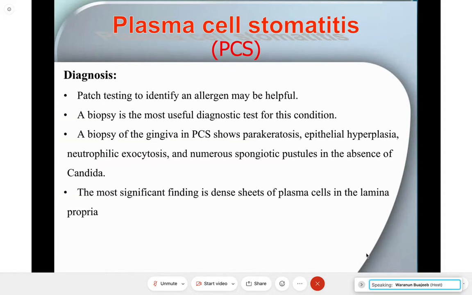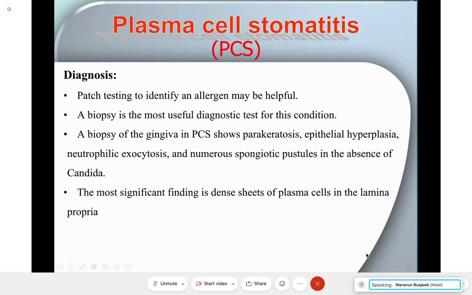And if you would like to identify the allergen, you need to do a patch test. And in order to diagnose plasma cell gingivitis, you need to do a biopsy. The biopsy of plasma cell gingivitis will show parakeratosis, epithelial hyperplasia, and actually the most important is the dense sheet of plasma cells in the lamina propria.